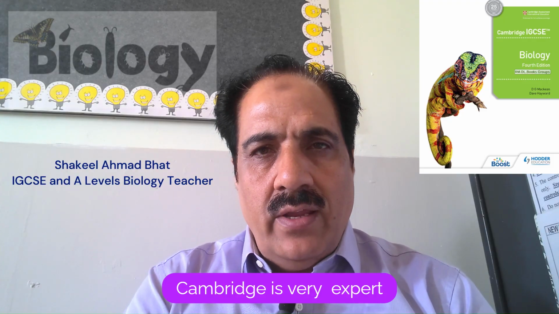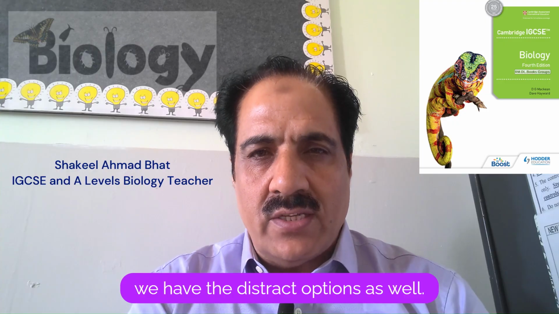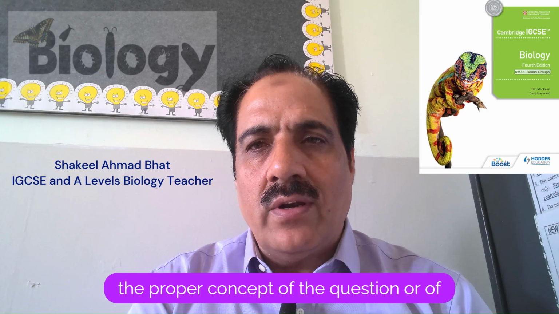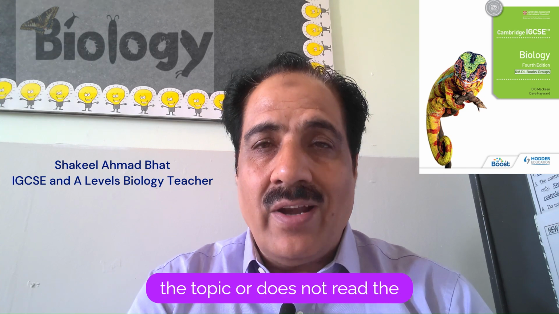Cambridge is very expert in devising the questions where we have the distractor options as well. The distractor options seem quite right if a student does not have the proper concept of the topic, or does not read the question properly.